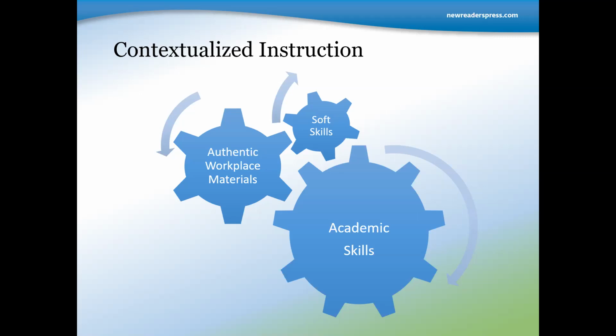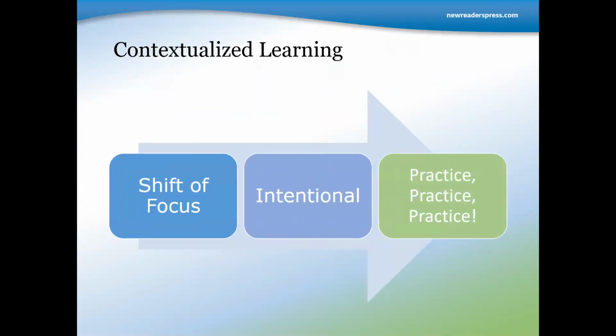I also want to draw your attention to the fact that the largest cog in this machine that you see on the screen is still academics. That is still our number one goal for students, because if we're not teaching them academic skills, they're not getting those elsewhere. However, these authentic workplace materials and soft skills are part of this whole machine that we are now running in our classrooms.